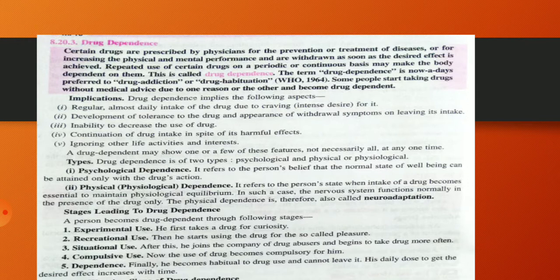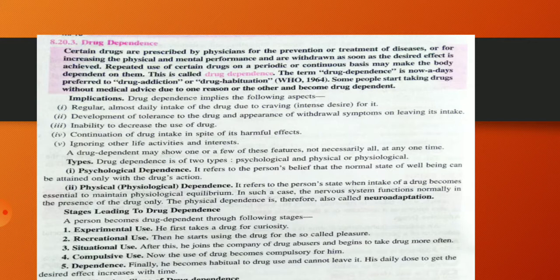Some people start taking drugs without medical advice for one reason or another, or they regularly use a particular drug, get addicted, and become drug dependent. So what are the implications of drug dependence?